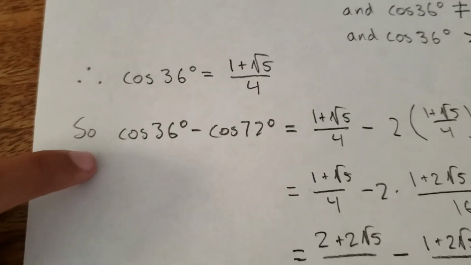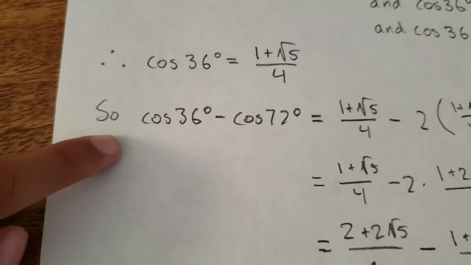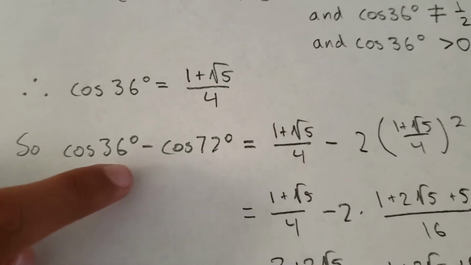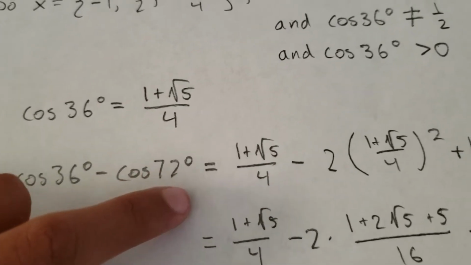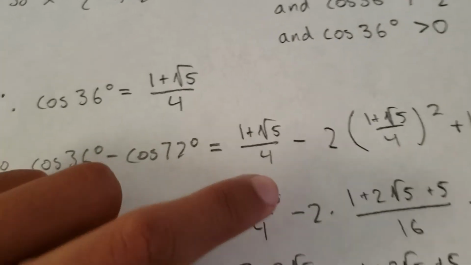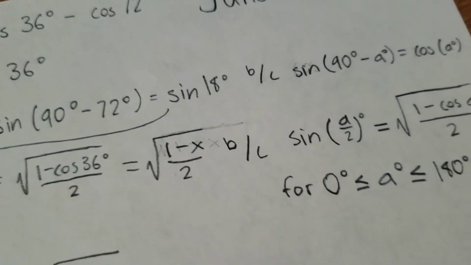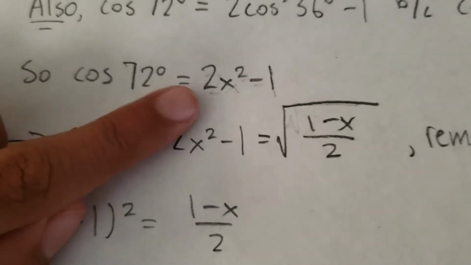So now we're almost there. We just need to plug back into this expression. Cosine of 36 degrees minus cosine of 72 degrees, where x is (1 plus the square root of 5) over 4. Remember, from before, cosine of 72 degrees is equal to 2x squared minus 1.